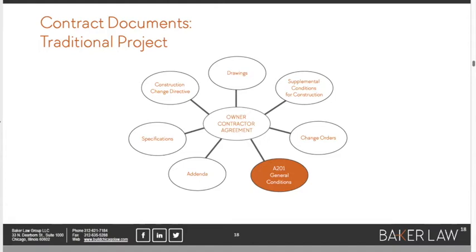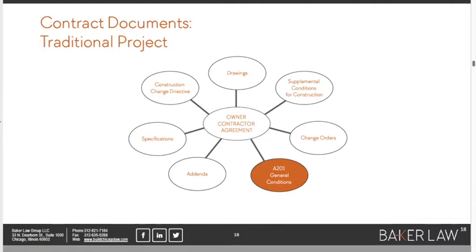The general conditions winds up being a part of the owner contractor agreement only because of timing, only because it's not until the contractor is identified and gets under contract with the owner that you are able to begin to have a dialogue among the owner, the architect, and the contractor about how the off-the-shelf A201 general conditions document might be modified.